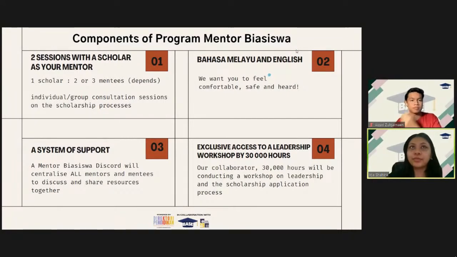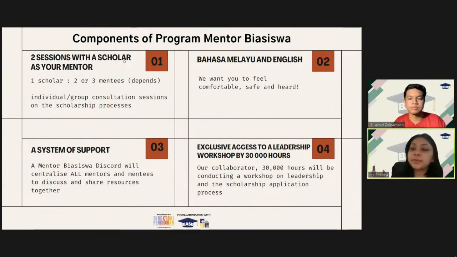We also know that although the scholarship application processes are mostly in English, some scholarship bodies may do their interviews in Bahasa Melayu, some may do both. So we wanted to make sure that you guys feel comfortable throughout your entire mentor-mentee application process.